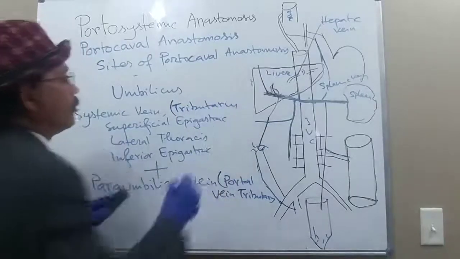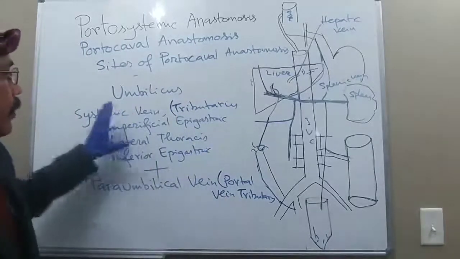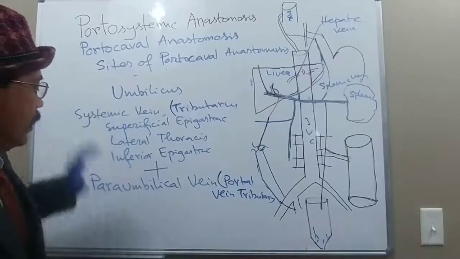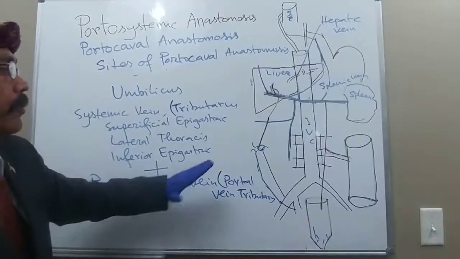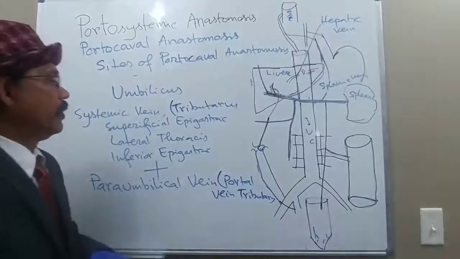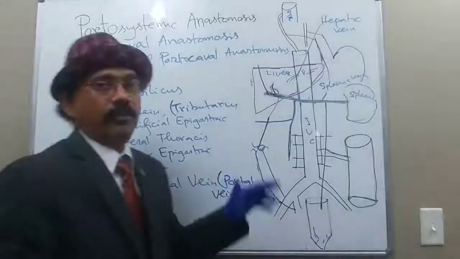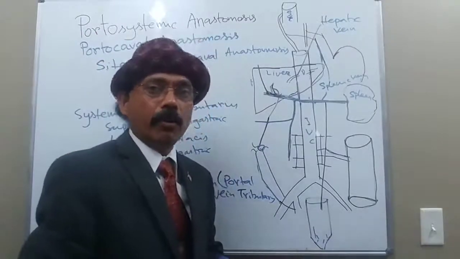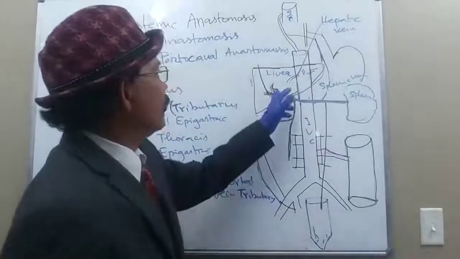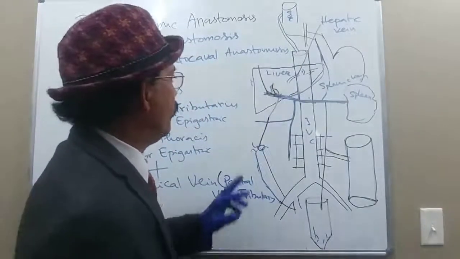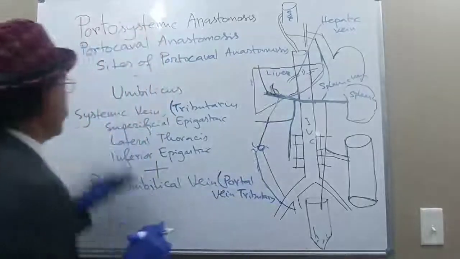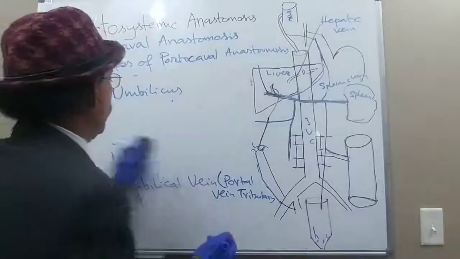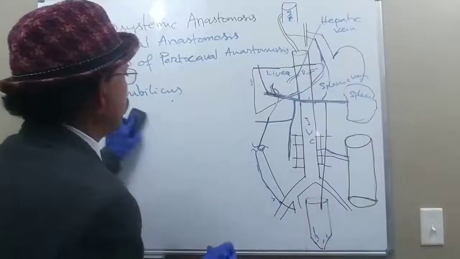So there will be anastomosis around the umbilicus between the systemic veins or caval veins and the portal vein. The para-umbilical vein passes along with the ligamentum teres hepatis or round ligament of the liver to the left branch of the portal vein.